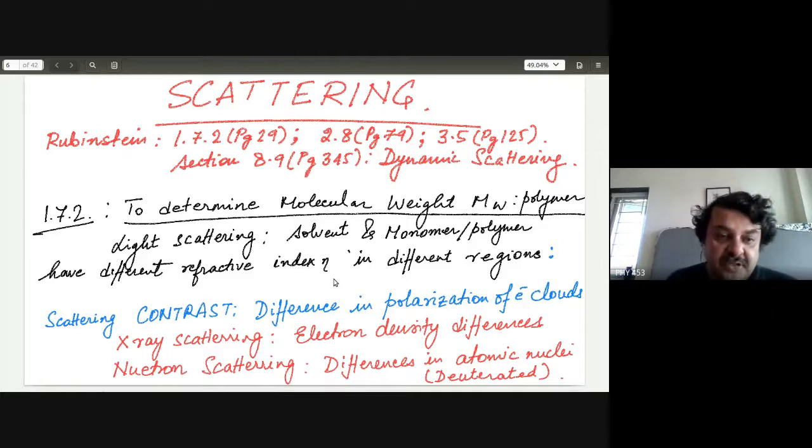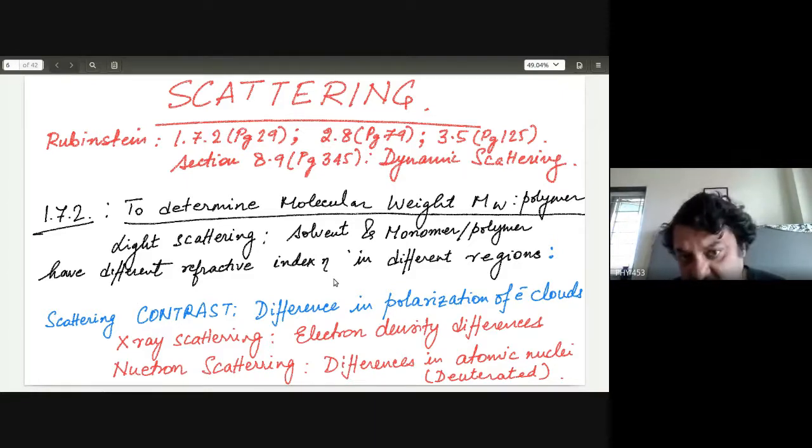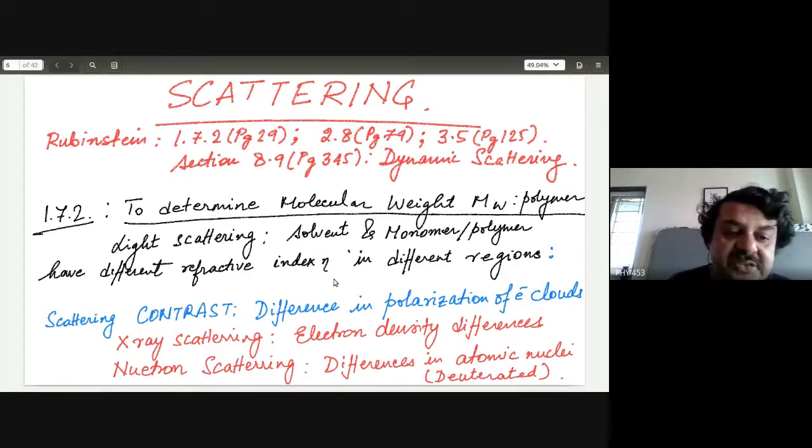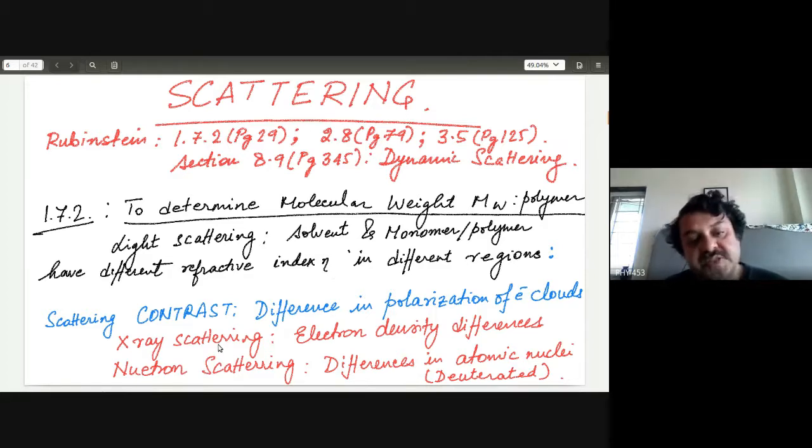Now, though I'll be talking about light scattering, as you go to smaller and smaller length scales, as you know, light has wavelengths of 400 to 600 nanometers, 4,000 to 6,000 angstroms, which is big in terms of the sizes of molecules. But if you go to smaller length scales like nanometers or smaller, one typically uses X-ray scattering, as different from visible light scattering, or neutron scattering.